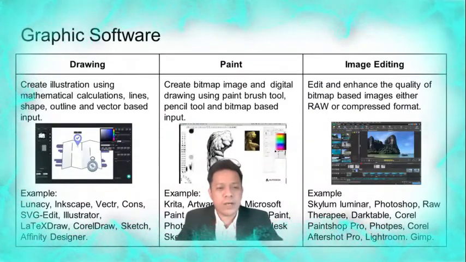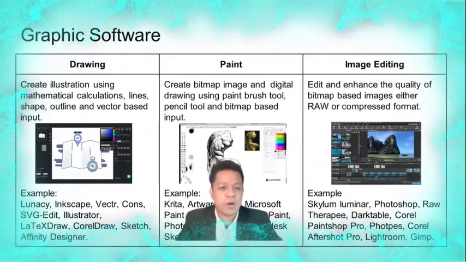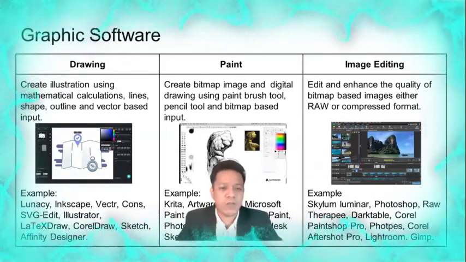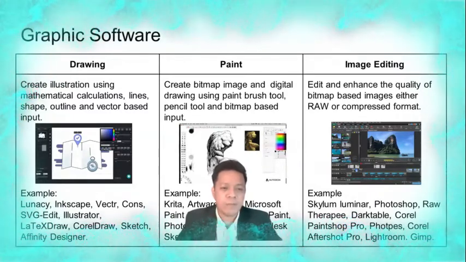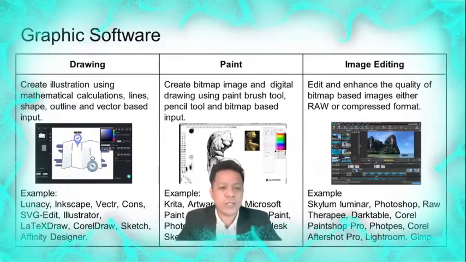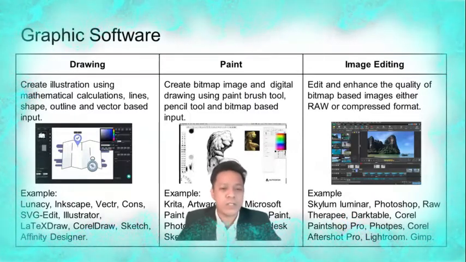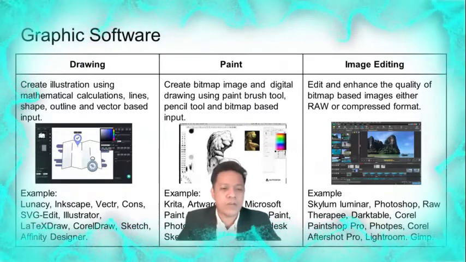There are a lot of graphic software programs used for painting, drawing, and editing images. Different types of graphic software are used for different purposes. For example, for drawing, we can create illustrations using mathematical calculation, lines, shapes, and vectors based on the input.